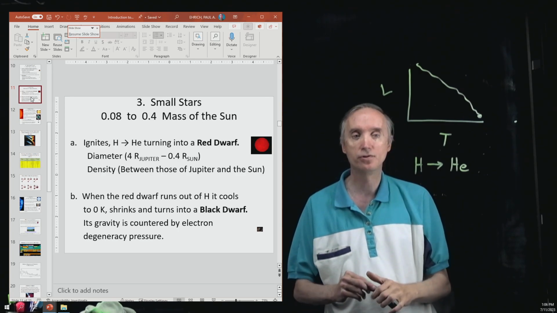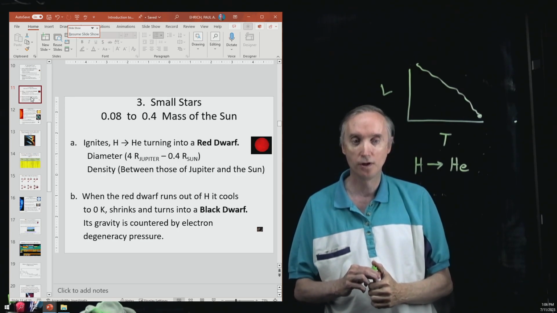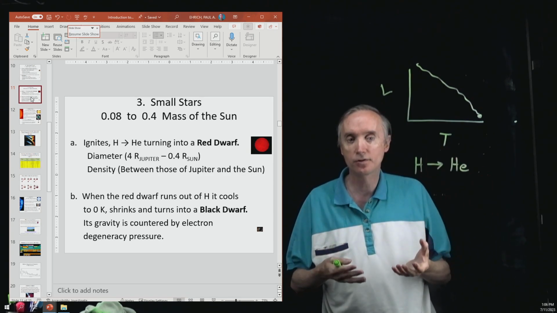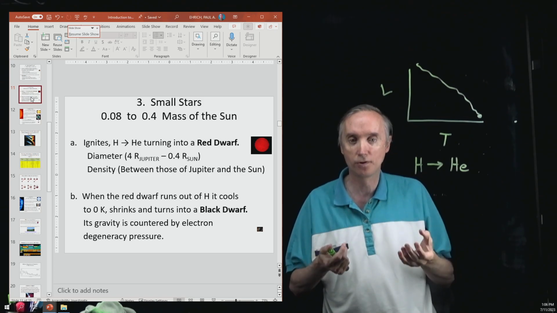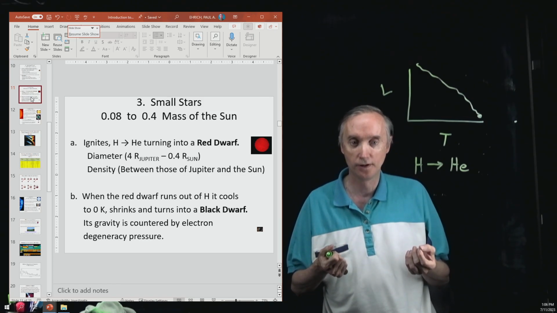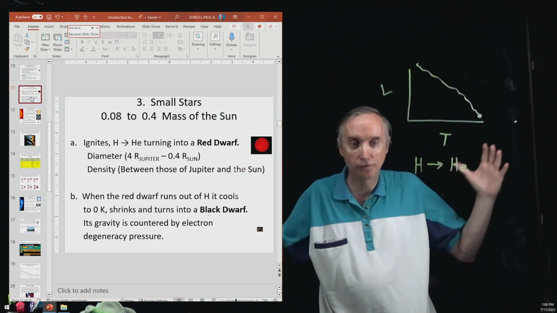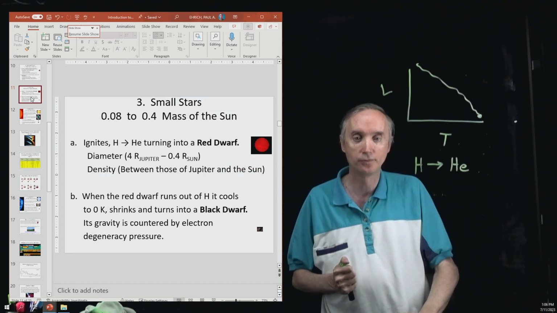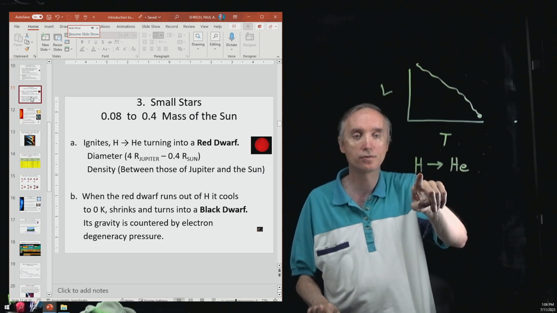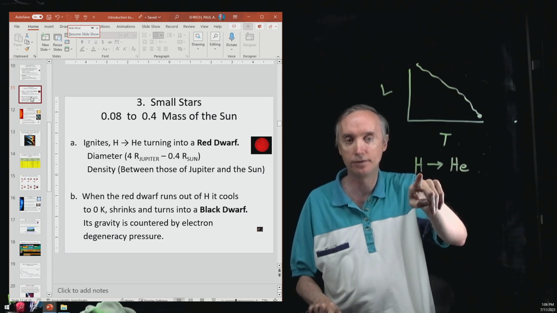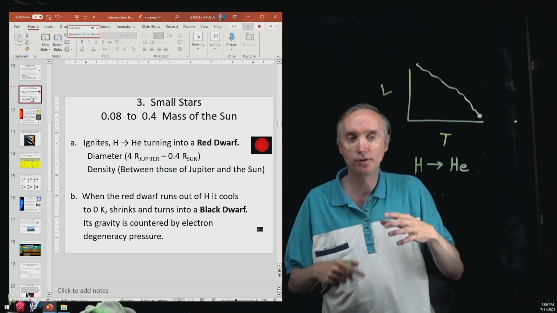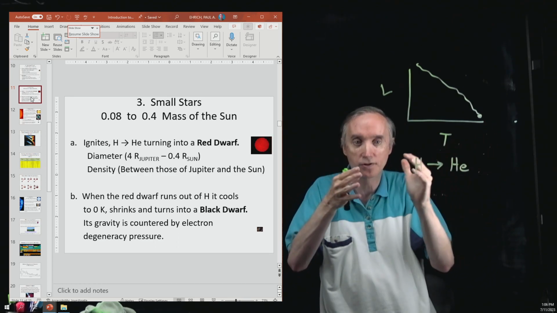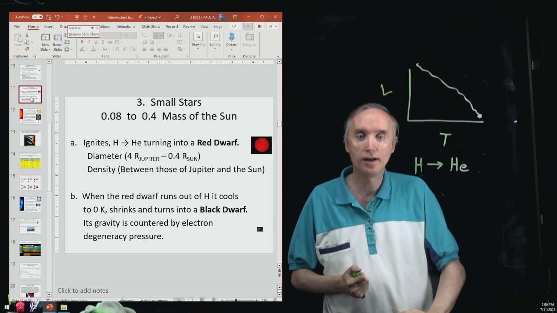So that means that those nuclear explosions, which were keeping gravity at bay, so the nuclear explosions are making the thermal gas pressure that was keeping gravity from crushing this object and turning it into a black hole. So as soon as it starts to run out of hydrogen, that's going to be really bad, because that means the nuclear explosions die down, gravity's going to take over, and it's going to start to cause this thing to collapse.